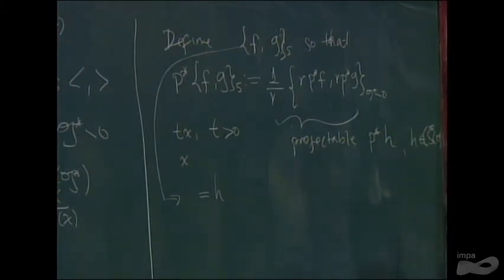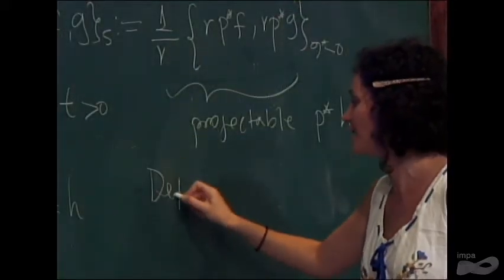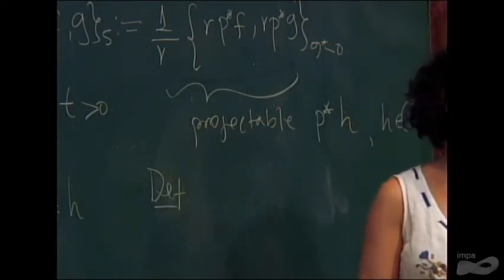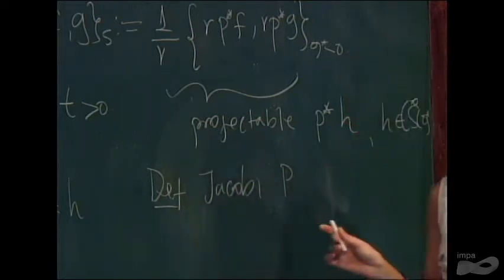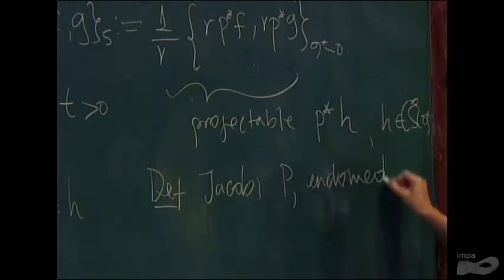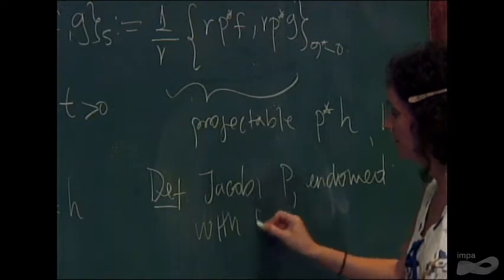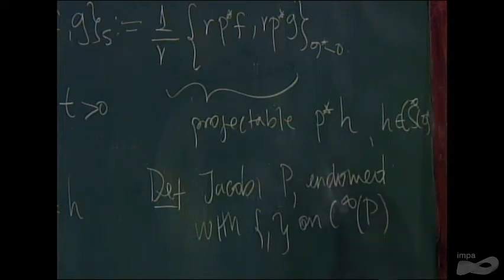So when you have this bracket, I can now tell you what is a Jacobi manifold. A Jacobi manifold P is a manifold endowed with a Lie bracket on the space of functions, which will not satisfy Leibniz, but it is local.